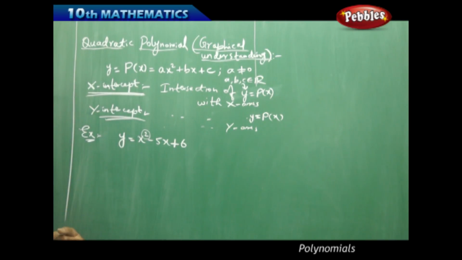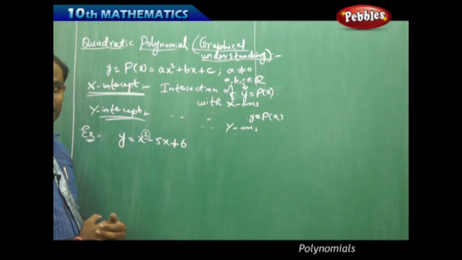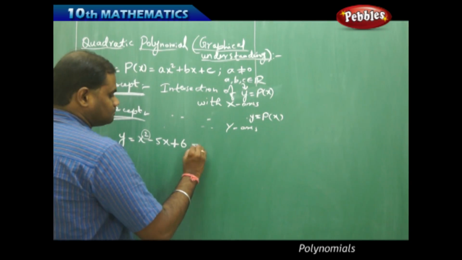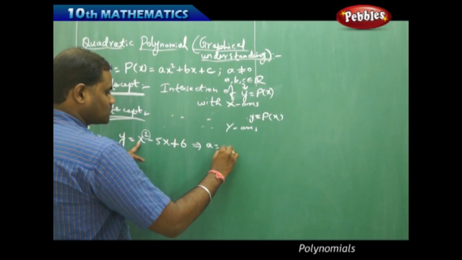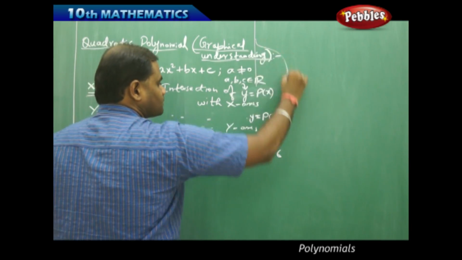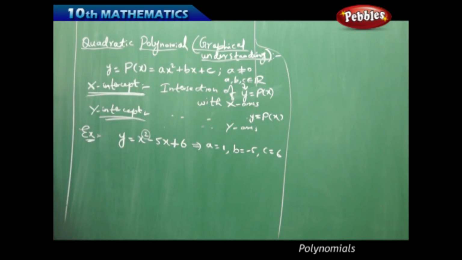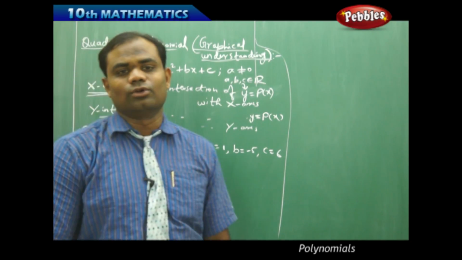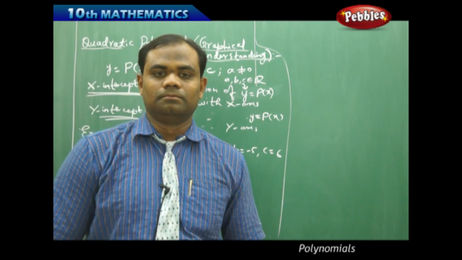So for this quadratic polynomial, taken as an example case, I identify that my first coefficient is 1, the second is minus 5 and the third is 6. Now my first initial stage is to find the x-intercept. How do I find the x-intercept for any polynomial?